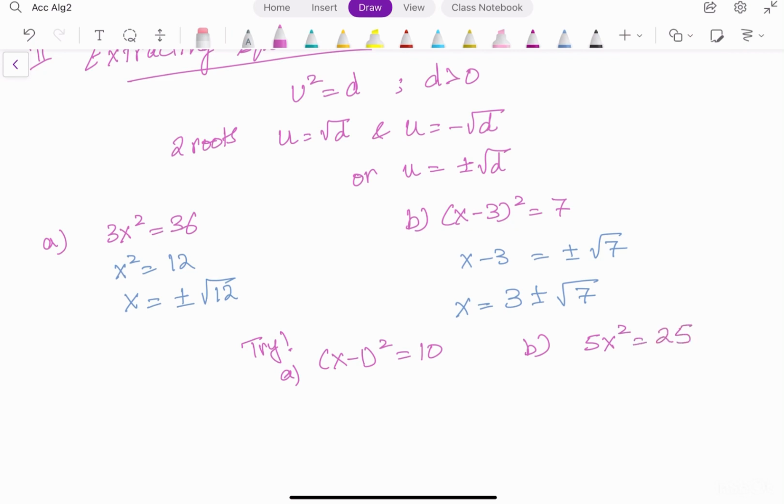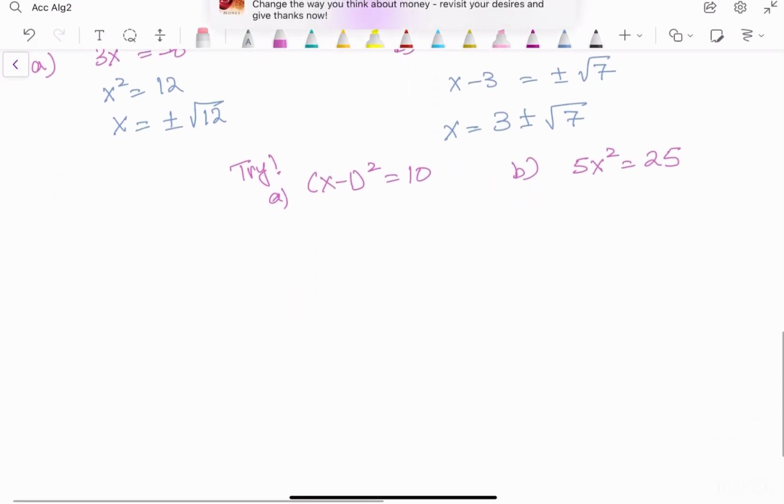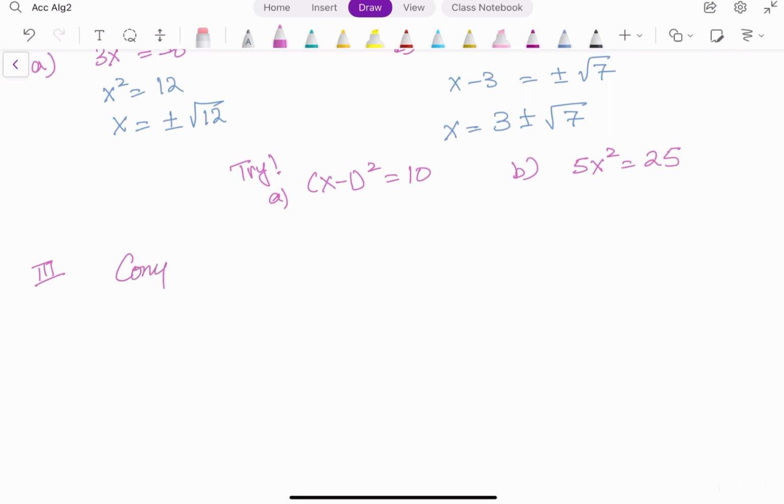Now let's jump to the most important, completing the squares, because I have seen students get very confused with completing the squares. But trust me, if you follow certain rules and you are careful when solving the quadratic equation, it is smooth sailing. It is fun to solve completing the squares.